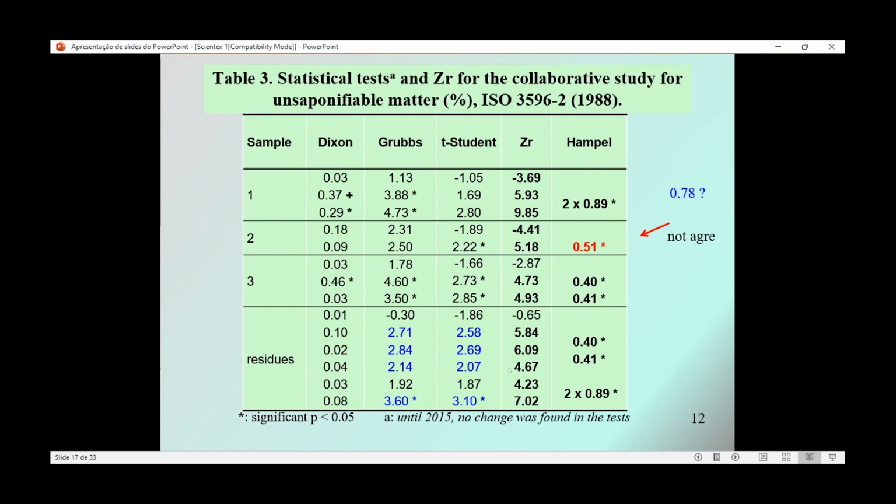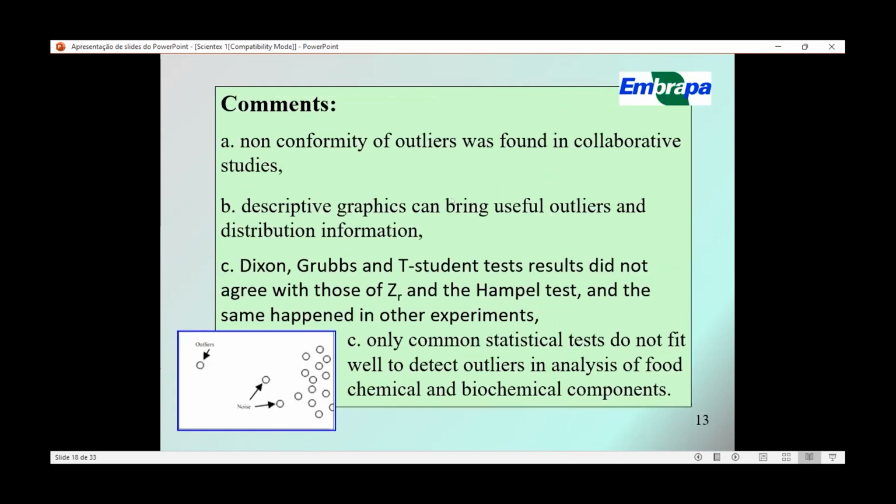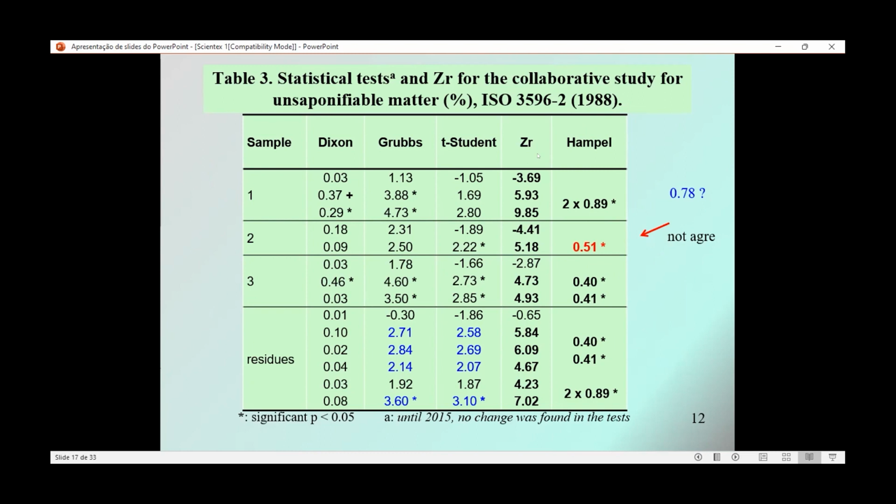Using the ZR, the robust Z score, we can see many results which are suspect. Using the sample test, 0.551 was seen as an outlier for us. We had twice 0.89 and 0.40 and 0.41 as outliers, significant outliers by the sample test.